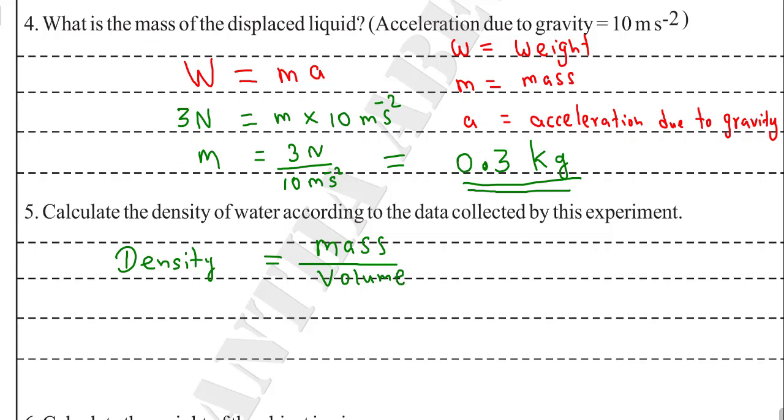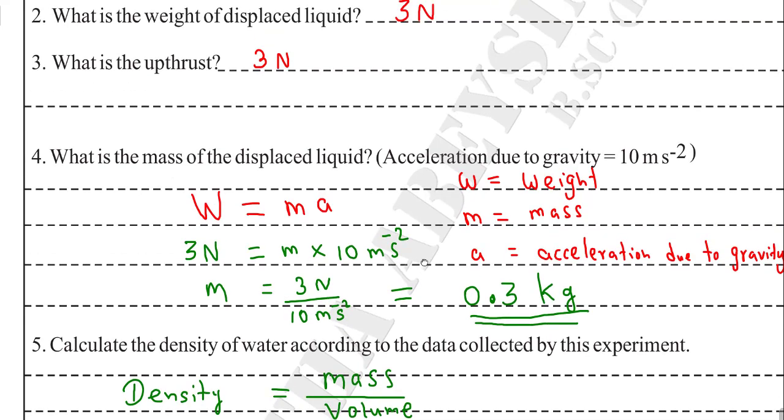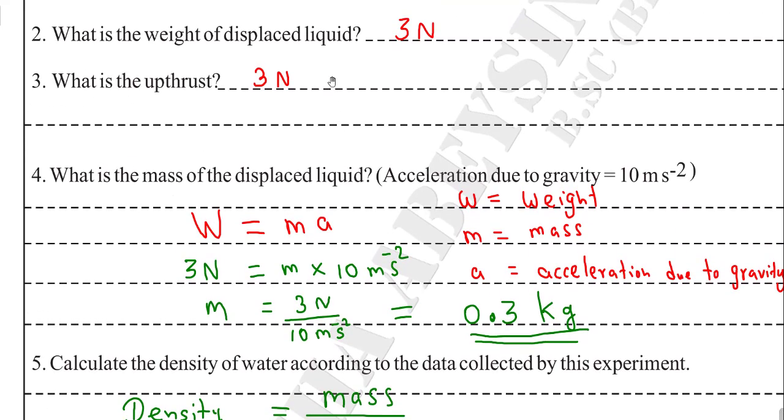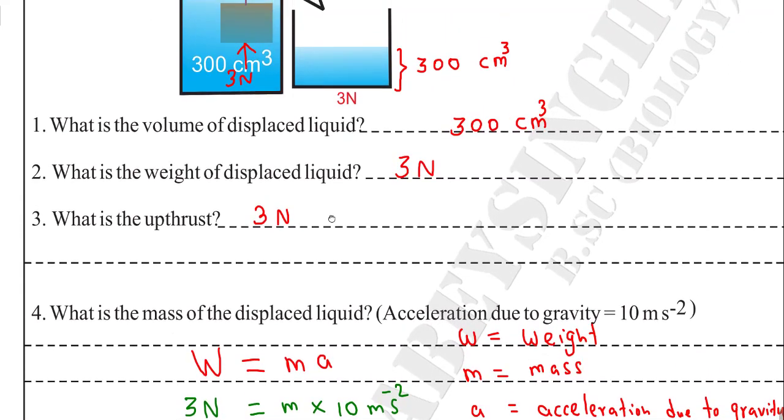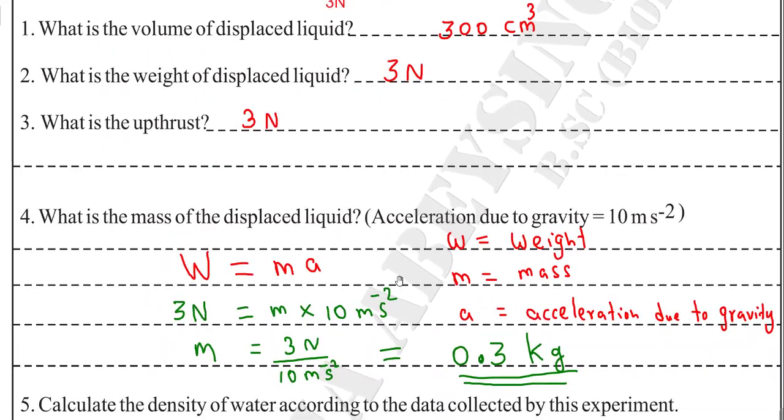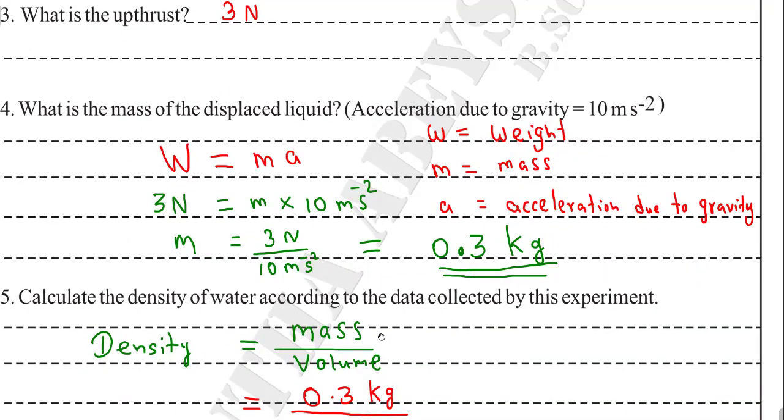Mass we get as 0.3 kilograms, and volume, children, they have got there, 300 cubic centimeters. It has been given in cubic centimeters, children. Right?